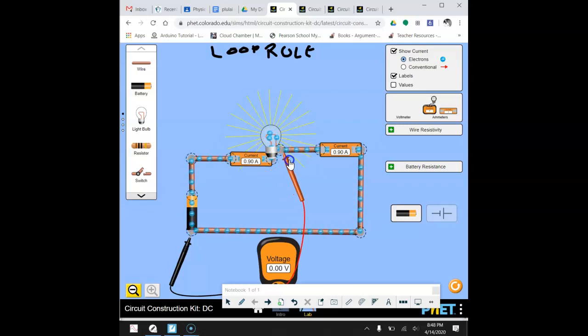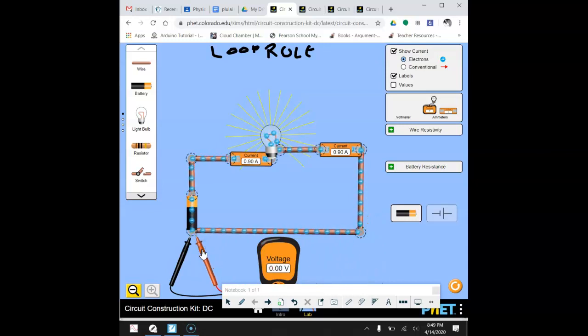So now here, this bulb has used 9 joules of energy per charge, or it has used 9 volts. Remember, a volt is a joule per coulomb, or a joule per charge. So we were at 9 volts of potential here, and then in the process of going through that filament, now we're at 0. This one bulb has used all of our electric potential. We're at 0 volts, 0 volts, 0 volts, 0 volts.